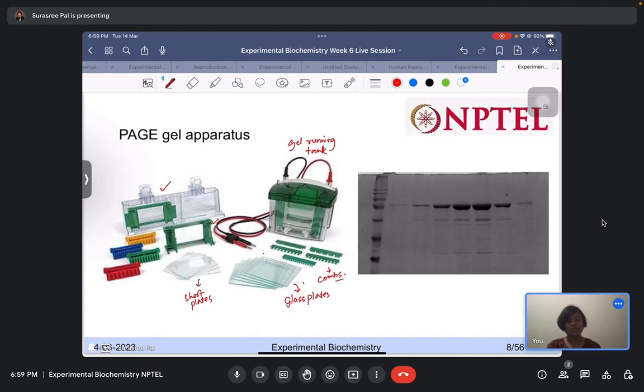Then these are the leads, the positive and negative electrodes, and we connect it to an electric supply and run a uniform electric field through the gel, so that the negatively charged protein molecules can migrate to the positively charged anode.